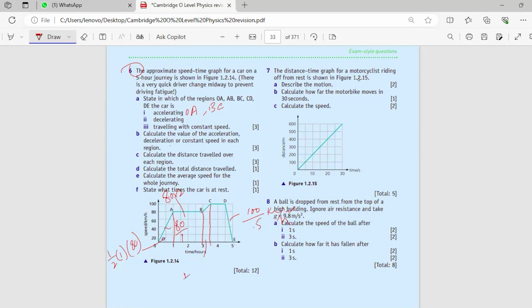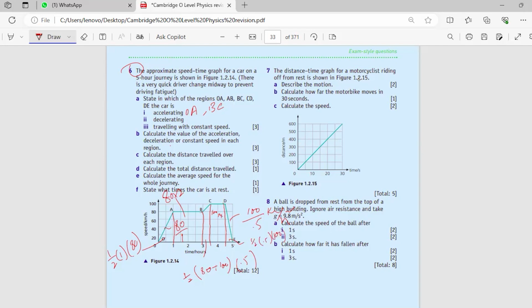Trapezium is 1 over 2, sum of parallel sides 80 plus 100, into 0.5. Area of this rectangle is 100 into 1. And the area of the triangle is 1 over 2, 0.5 into 100.